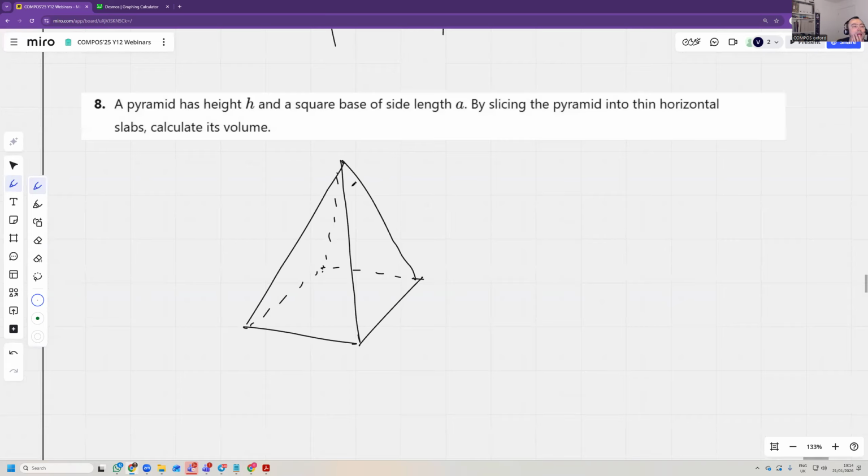It has a base A and height h. Now, what I'm going to do is twist it on its side. So I'm going to put the pyramid sideways.